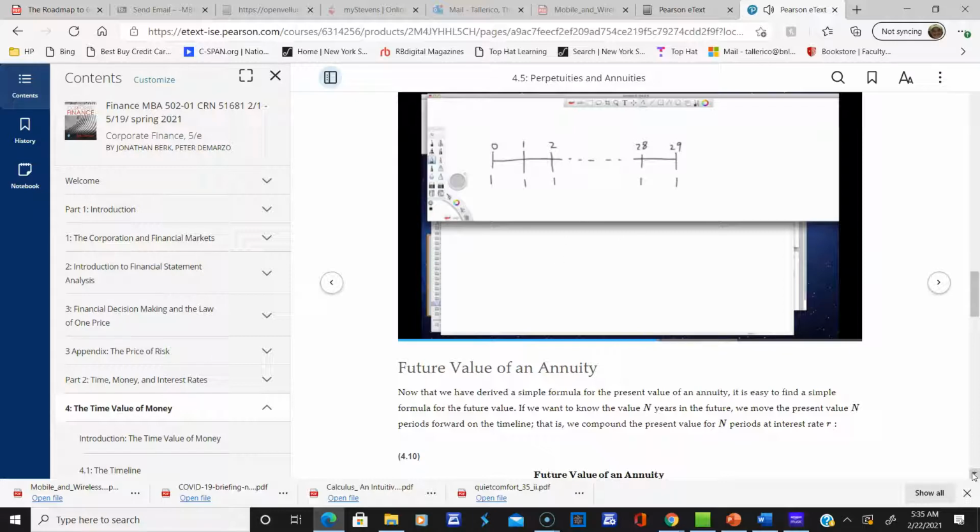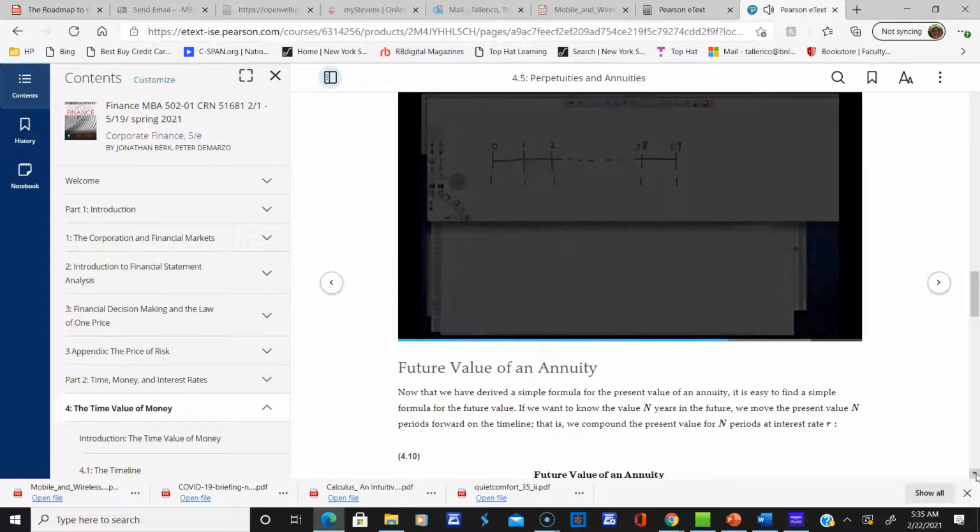What this means is that we can think of the lottery payments as one payment today and 29 constant payments over the next 29 years at the end of each year. That is, we can think of the lottery payments as one payment today and a 29-year annuity.